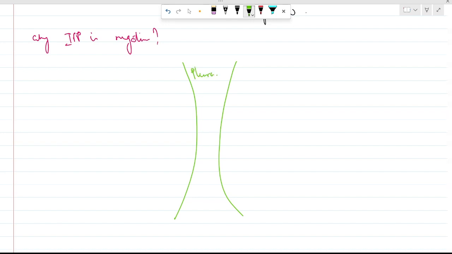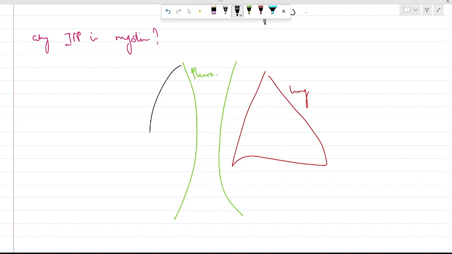Inner to this pleura we have our all-important lungs, and outside to this pleura we have our chest wall attached to it. So we have three components here: the pleura, inside which we have our intrapleural pressure, and we are going to see why it's negative; inside to this pleura the lungs; outside to this pleura attached is the chest wall.